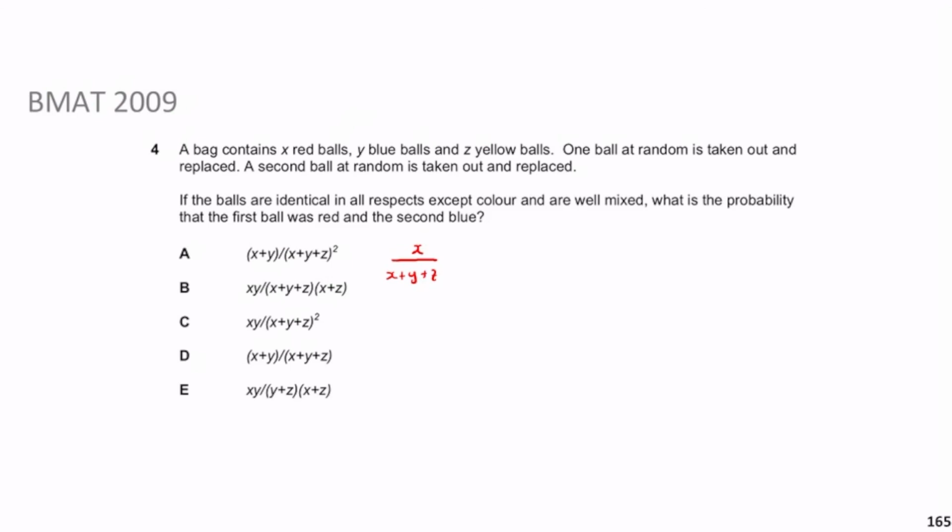So since that's the case, imagine you're basically starting all over again, like you're selecting a ball as if it were from the first go. So it'll be the number of blue balls, Y, over the number of total balls, which will be unaltered because you've replaced the ball. So you've got X plus Y plus Z, and you want this and that, so you times them. So you get XY over X plus Y plus Z all squared. So that's going to be, guys, C. In this case, that is going to be the correct answer.